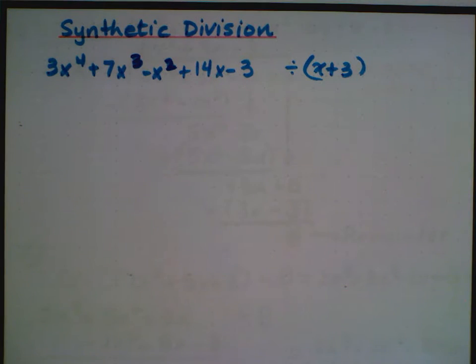In this video, we're going to look at using synthetic division to divide a polynomial by a binomial. This is sometimes called Ruffini's rule. The idea is that this was discovered, not invented, by an Italian mathematician named Ruffini in the early 1800s.